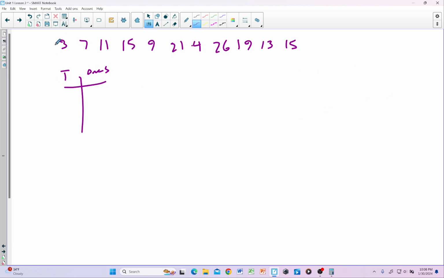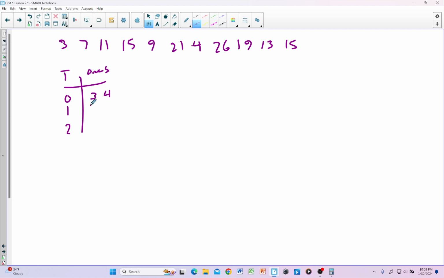Well, my tens digit for some of them is 0, and I have a 1, and I have a 2. And I could put that on there, and it might look like this: 3, 4. Now I go to ones. Which ones are my ones? So I have 11, 15, 13, 19.